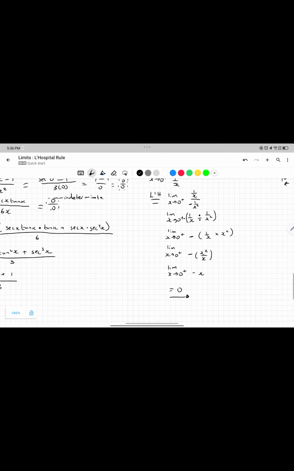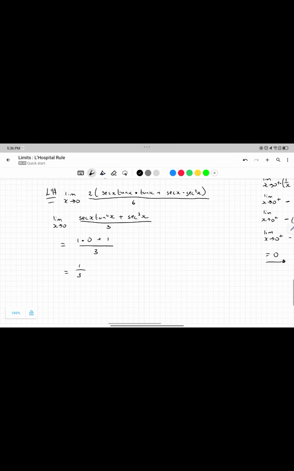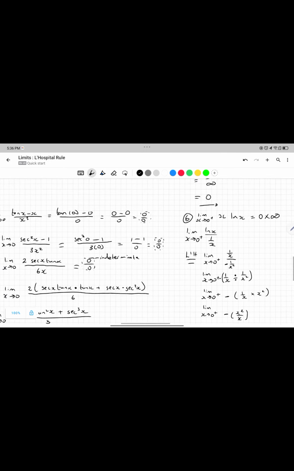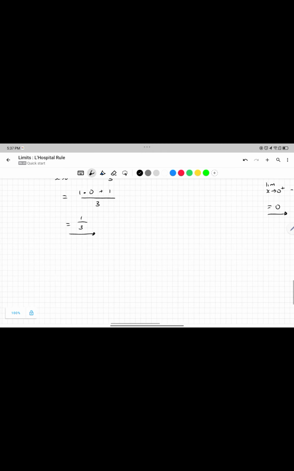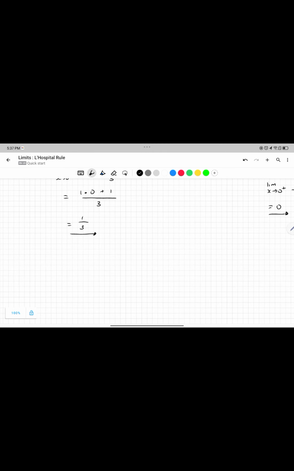Alright, so that is that. Now for number 7, we have limit as x approaches infinity, e to the exponent of negative x root x.